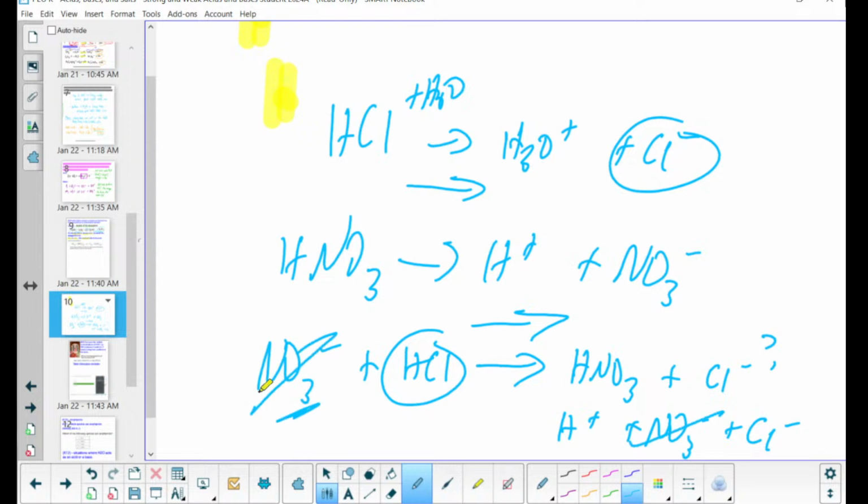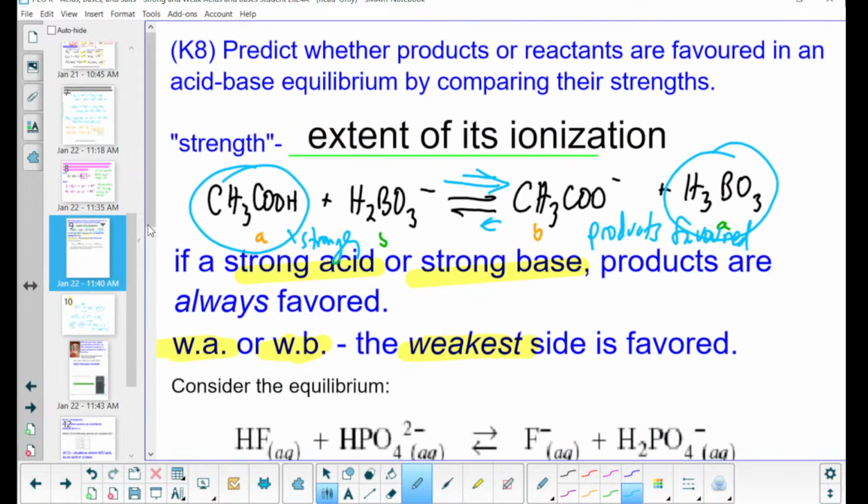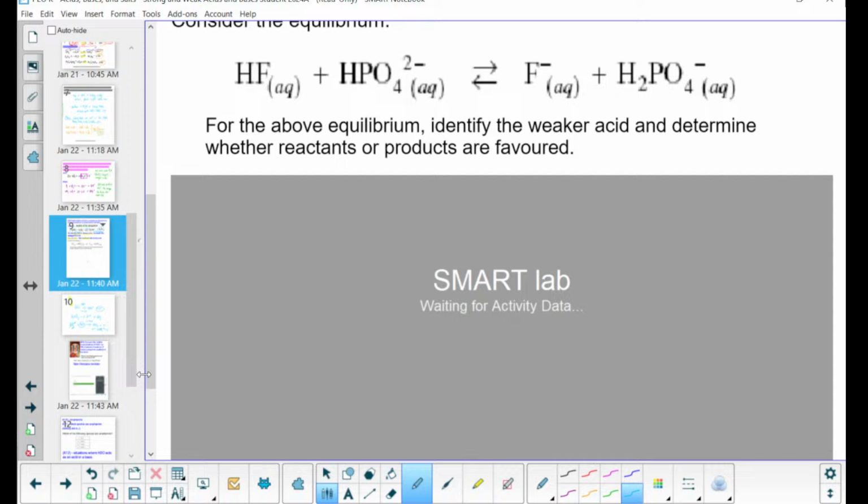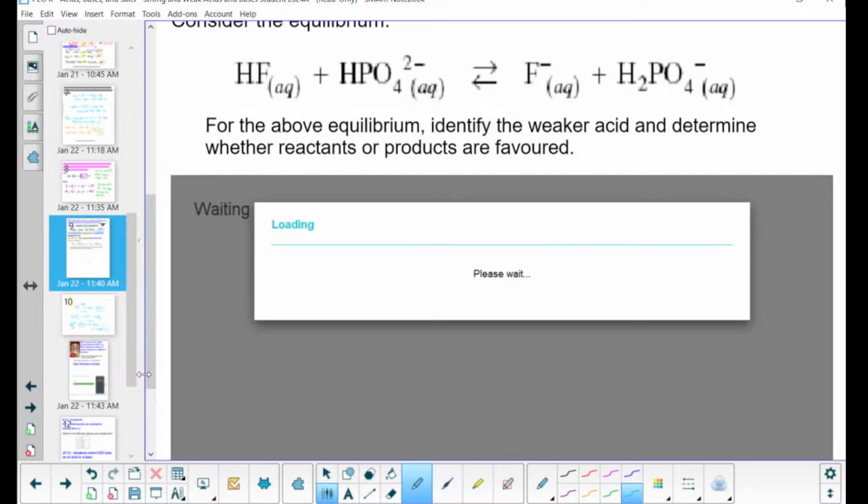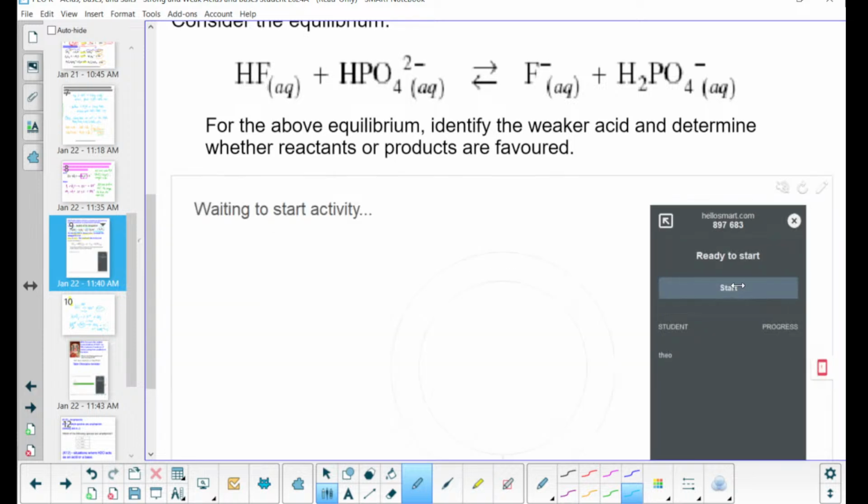NO3 is just a spectator ion. You cannot have a strong on both sides, so you cannot generate a strong acid that way. Was that your question? Okay, considering this, let's start.